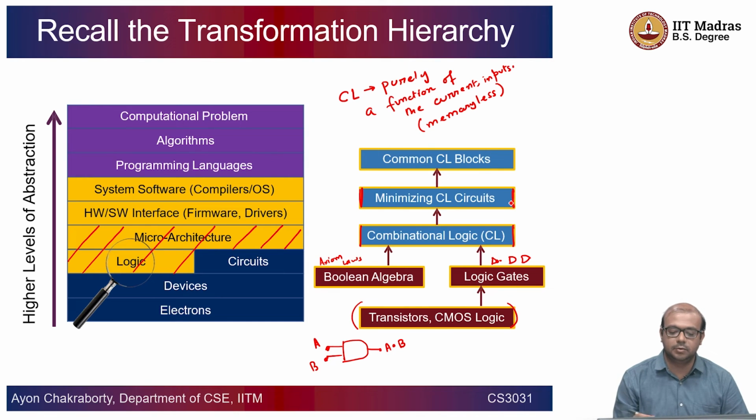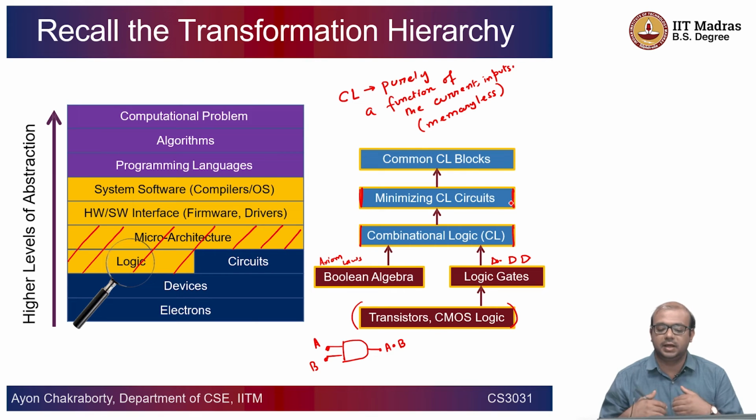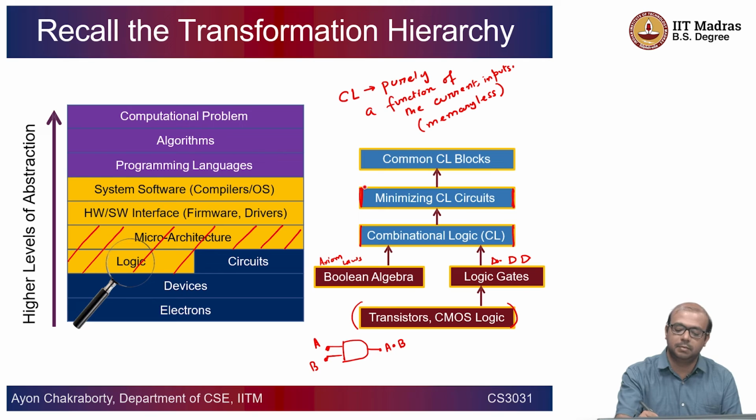Sometimes you need to use a lot of these tricks to figure out the simpler expression. But suppose there are some solid techniques where you don't have to do a lot of algebraic manipulation, but this is more of a mechanical way to take you towards an optimal design. Okay, so we'll study this minimization of combinational circuits.